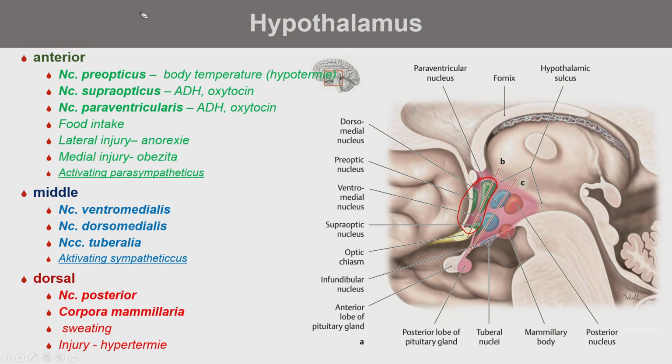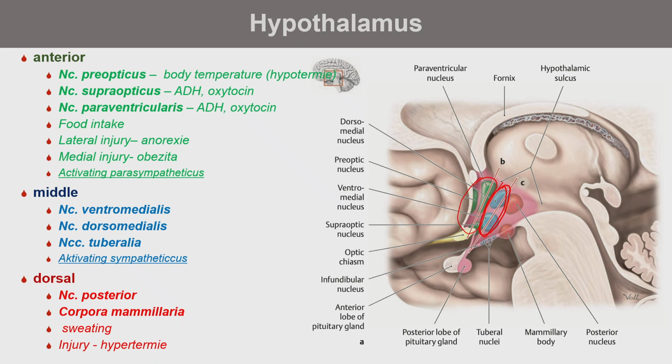So the middle layer of the nuclei is important to maintain the sympathicus. So you can see that there is a space, sympathicus and parasympathicus side by side.